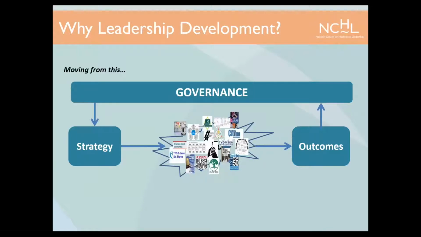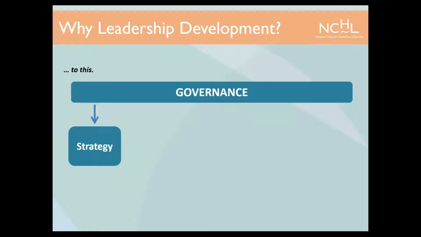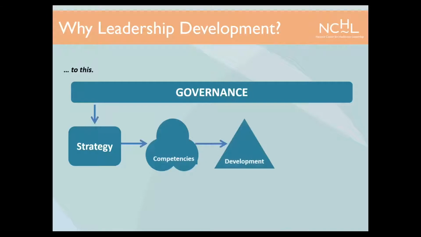So at NCHL, we really look for moving from this to something like this, where we have a strategy, and then we choose to map it to a set of competencies or a series of knowledge, skills, and abilities that makes an effective leader. We use those competencies to map to development initiatives. So we say, okay, this person needs to develop as a leader. What are their current gaps and what can we strengthen?